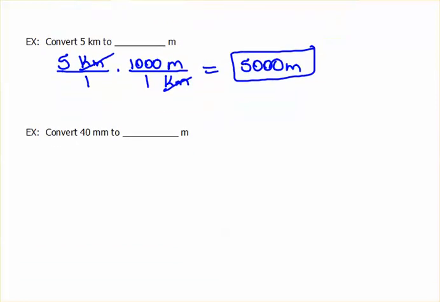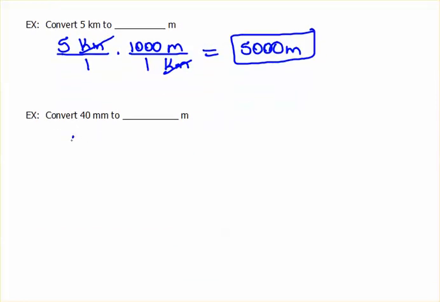And then finally, convert 40 millimeters. So I'm going to start off with 40 millimeters over 1. It said convert that to meters. So I'm going to put millimeters on bottom, meters on top. We can convert those because there is a conversion factor between the two. There's 0.001 meters in 1 millimeter.